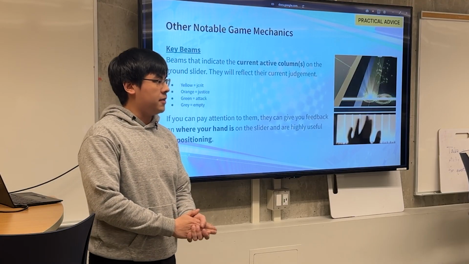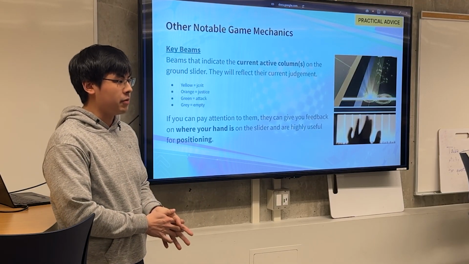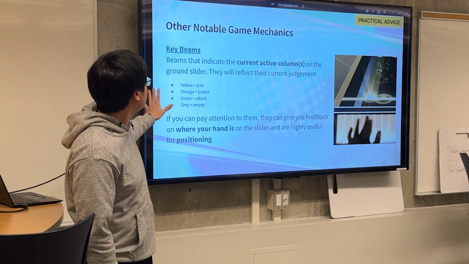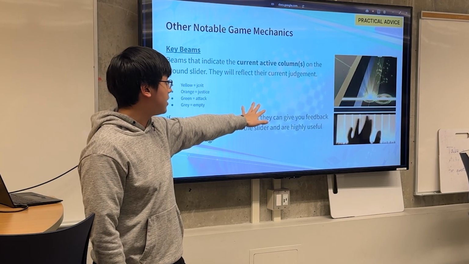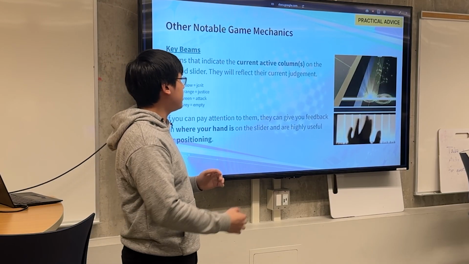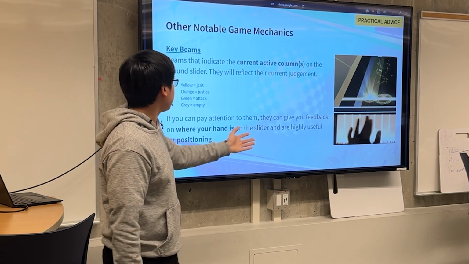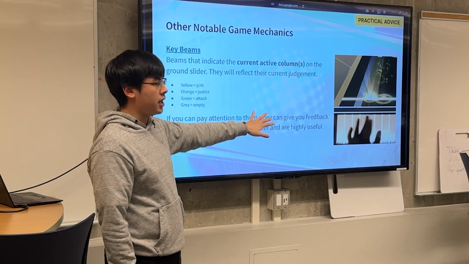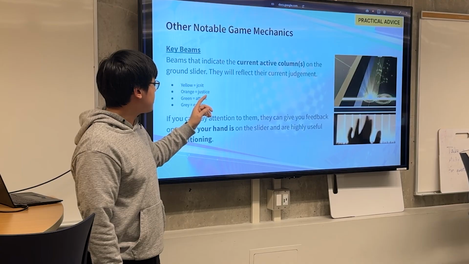And then just some other really important, helpful mechanics to know about when you're starting out. One of them is key beats. These are the flashing columns that you see on the bottom of the playfield that light up when you hit the slider. These actually mean something. They reflect the current judgment of whatever you just hit. So it indicates the current active column.